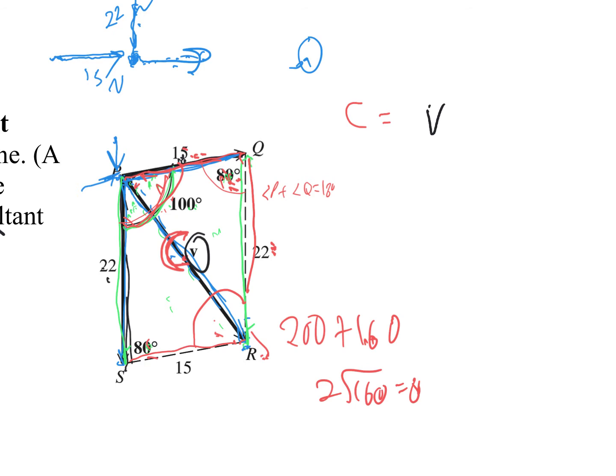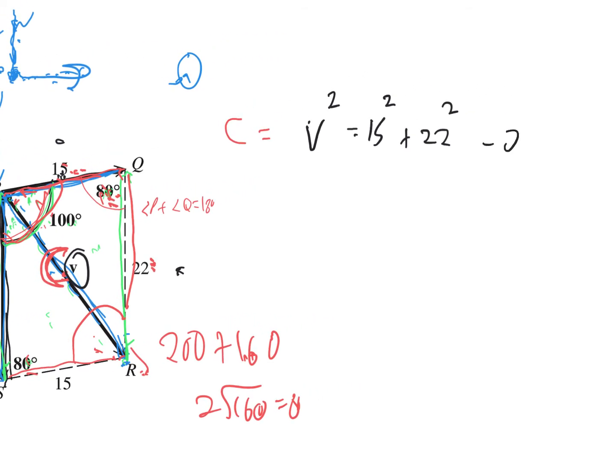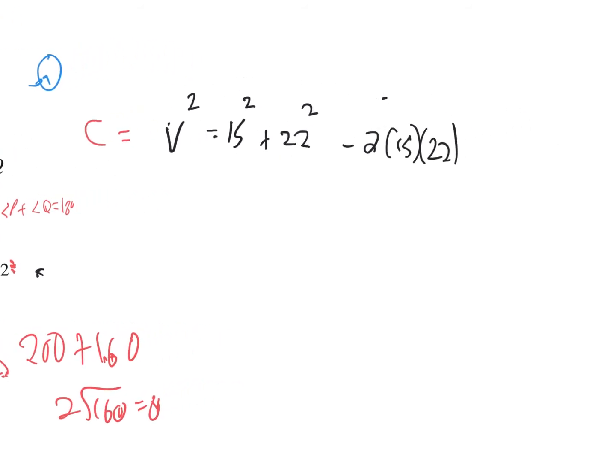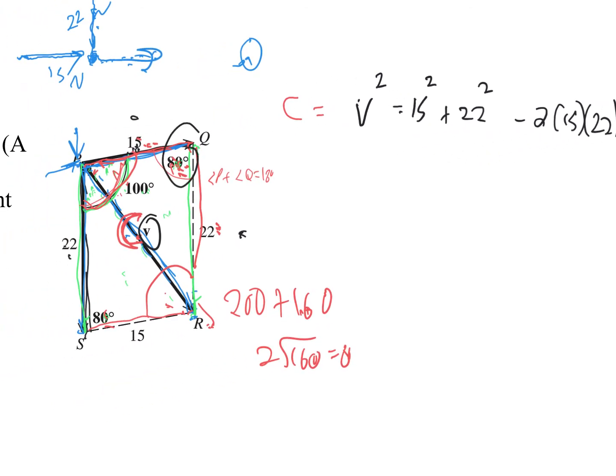So we'll say V squared has to be equal to, he didn't give letters for the other sides. Let's just plug in the numbers. 15 squared plus 22 squared minus 2 times the 15 times the 22 times the cosine of the angle included in the leg, which was 80.